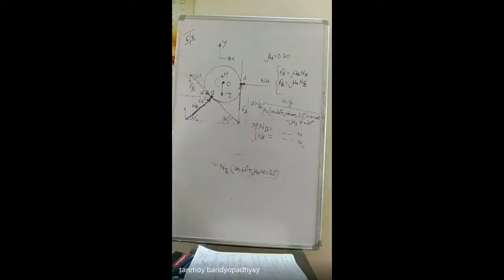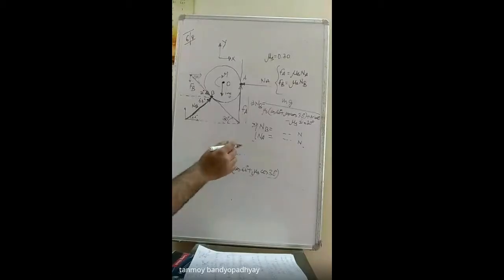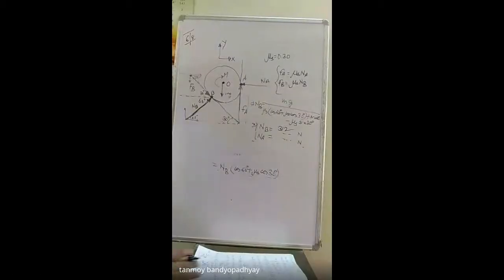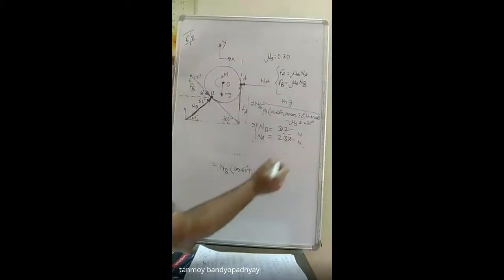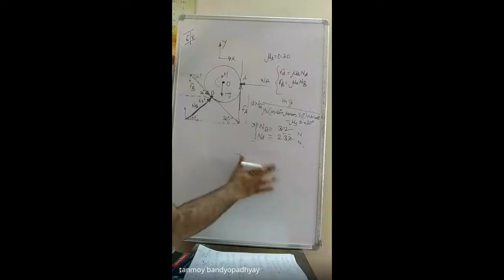NA equals to 237 Newton. আচ্ছা, আর NA কত আসছে? 237. ঠিক আছে। Okay, so the final part you just put the value.